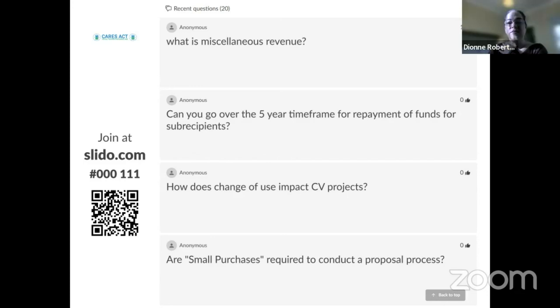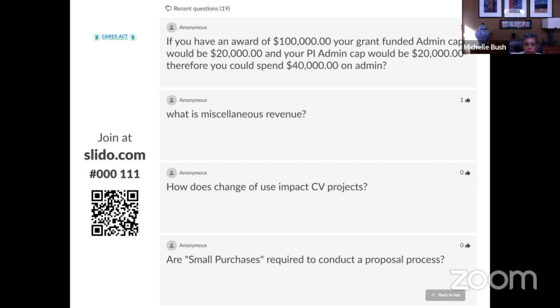It is. Okay, how does change of use impact CV projects? Interesting question. I'm thinking off the top of my head of some CV projects that some of our grantees have funded. The one that comes to mind is they assisted a local homeless shelter to develop an additional facility for families, particularly families with children, because of social distancing requirements.